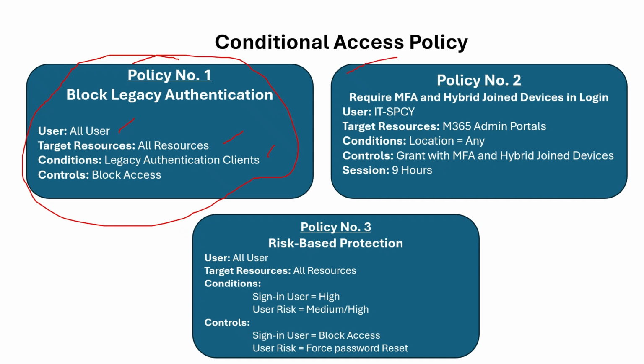And now let's go to policy number 2. This policy targets our IT on-premise group. To access Microsoft 365 portals, users must meet two conditions. Devices must be hybrid joined, and the user must pass MFA.